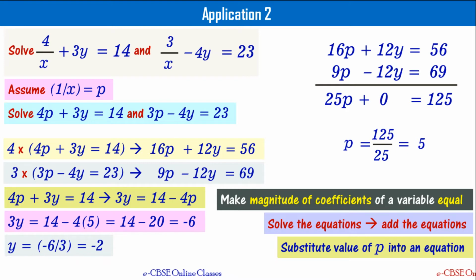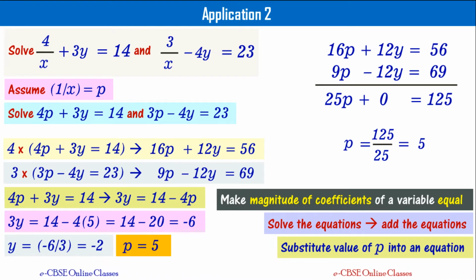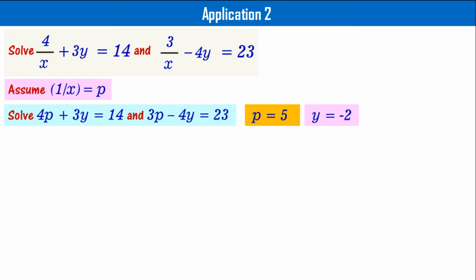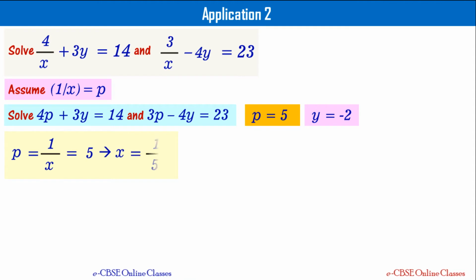Now we can write the solution for the pair of linear equations we have written here, that is p equal to 5 and y equal to minus 2. Let's take a note of that. Now let's transform the equations back. We know that p equal to 5 is the solution we got, and we know that p equal to 1 by x. It means x is going to be 1 by 5, right?